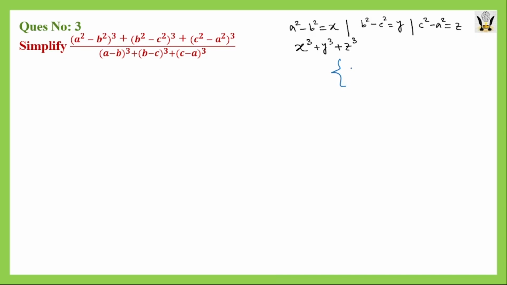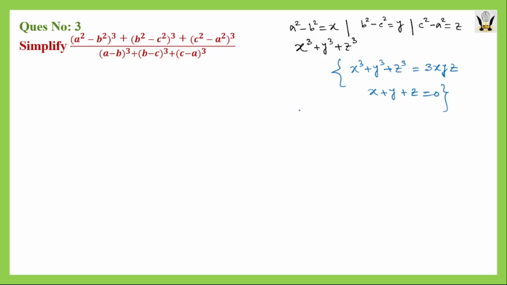We know this identity that x cube plus y cube plus z cube will be equal to 3xyz if x plus y plus z is equal to 0. So let's see whether this given expression fits in that identity or not.